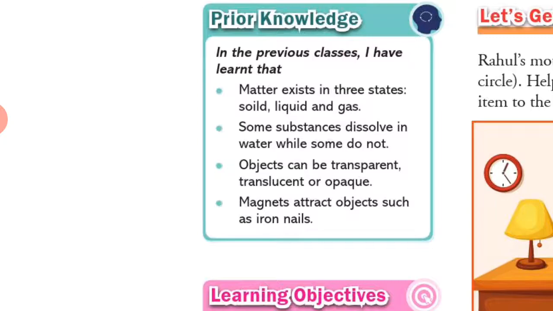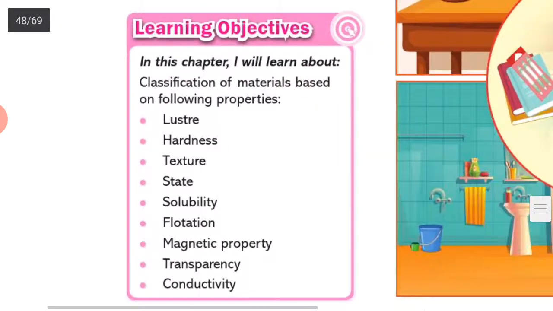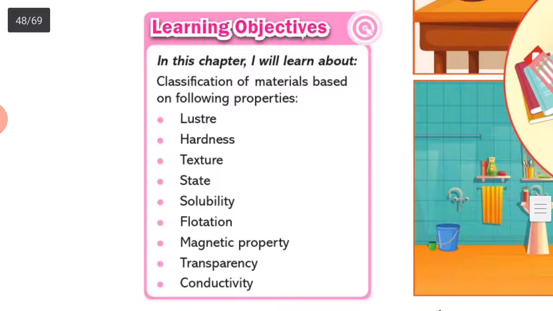Okay, and in this particular chapter we will study the following properties. Luster, shining. Hardness. Texture, soft or rough. State, solid, liquid, gas. Solubility, whether soluble or not soluble, got mixed up or not.